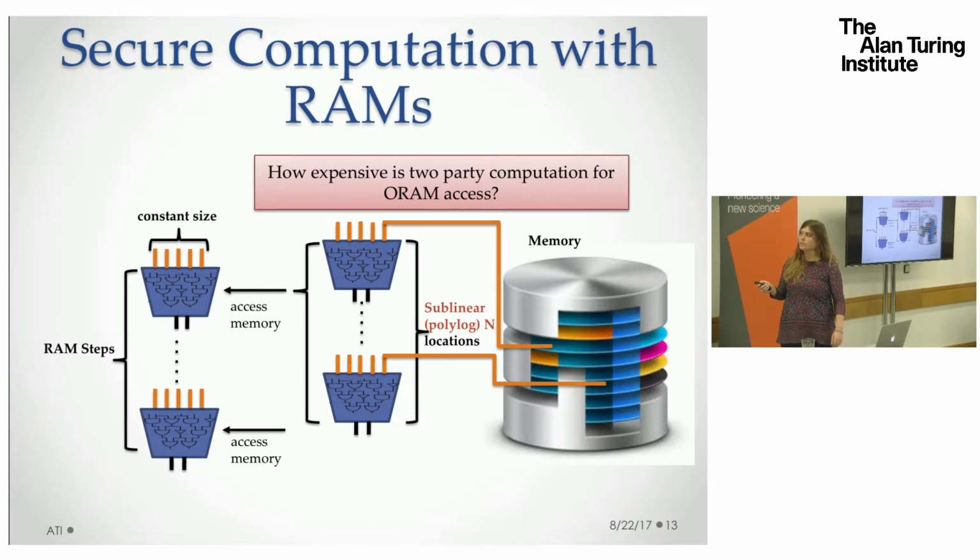In particular, how expensive will be the two-party computation that is implementing this ORAM access? So now I really care about the size of these circuits that I'll need to construct in order to implement the ORAM access algorithm, and which we will need to run with the existing circuit two-party computation protocols.